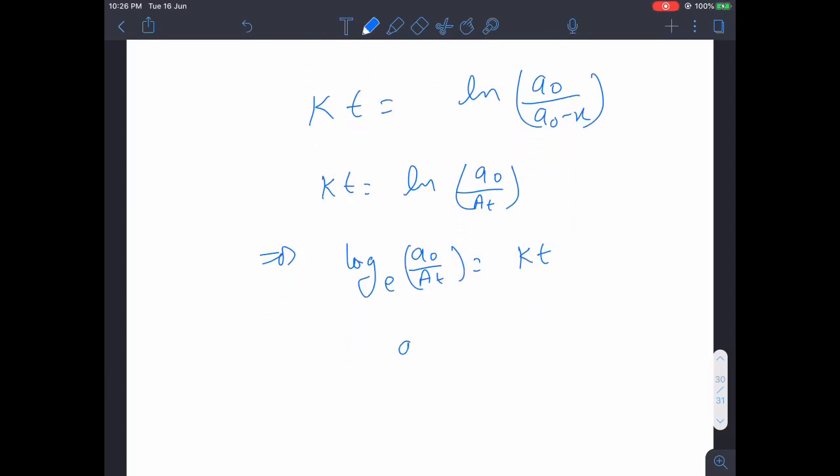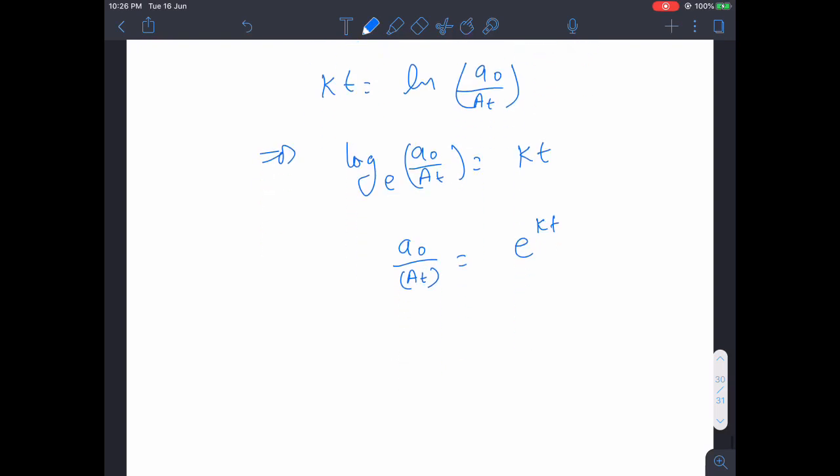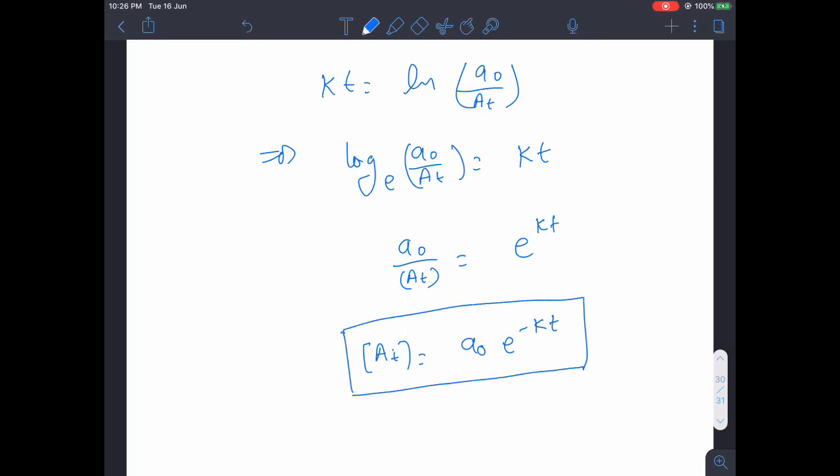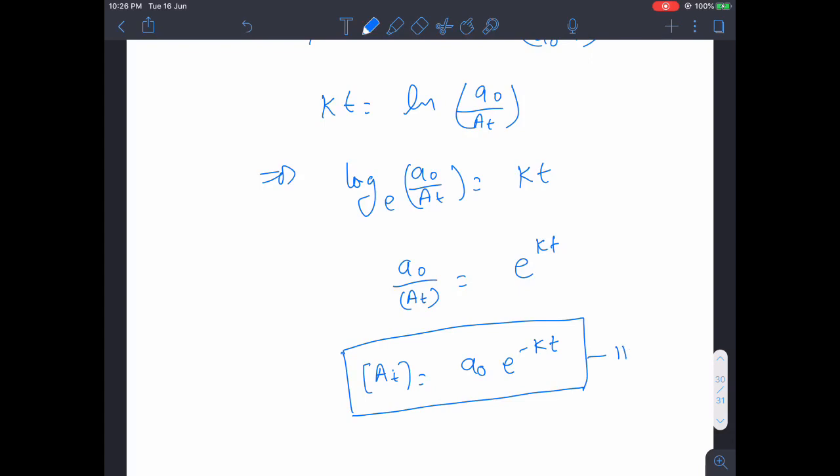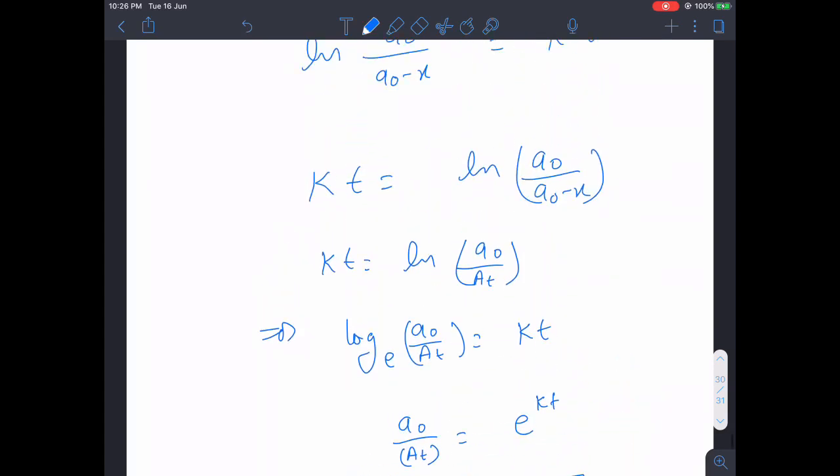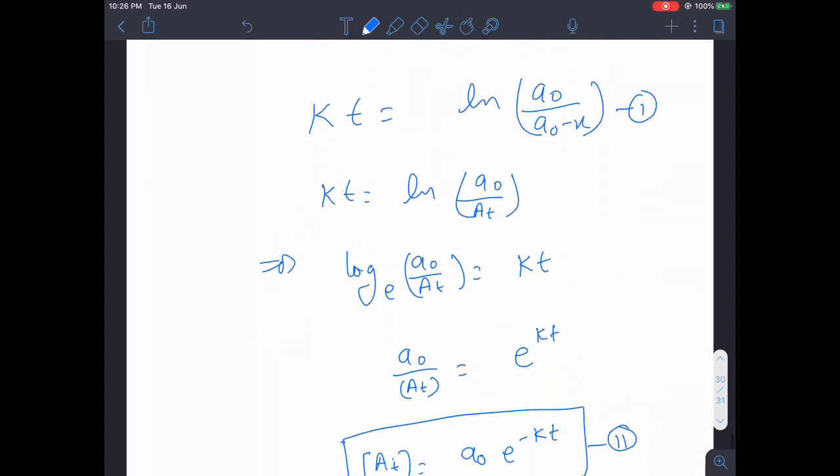Let's rewrite it: A0 upon A at time t is equal to e to the power Kt. Now simplify this. A at time t will be equal to A0 e to the power minus Kt, which means it is exponentially decreasing. So this I am putting as number 2, and this I am taking as number 1.